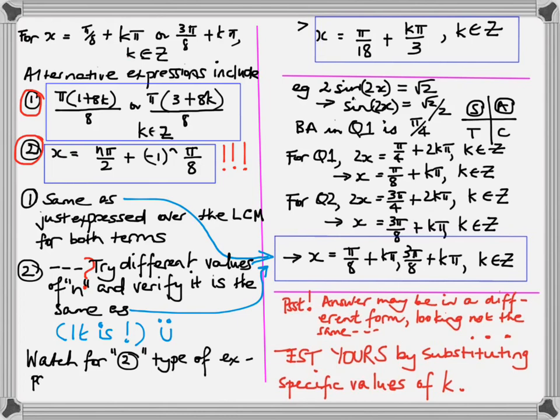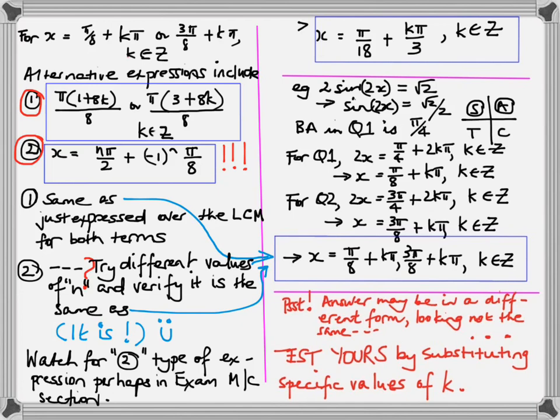Okay, that's the way to do it. So watch for the type 2 expressions of the solutions for sine, maybe in the exam multiple choice section. Other than that, I wouldn't even worry about it because I don't think it's important. What is written on the right hand side in the blue box is perfectly valid. It's a perfectly valid solution.